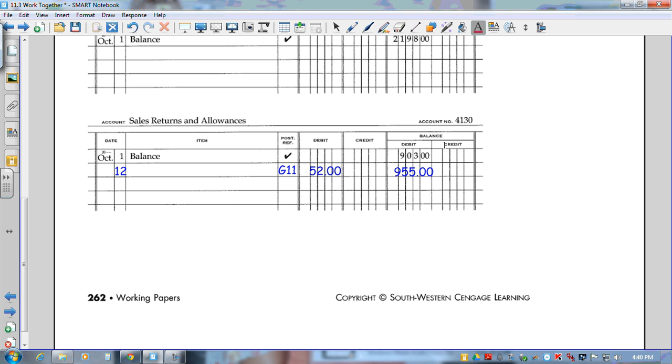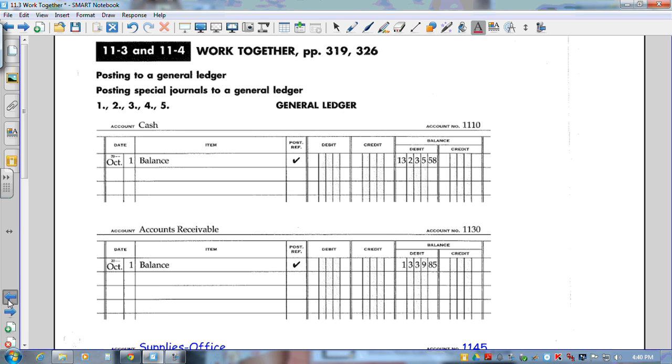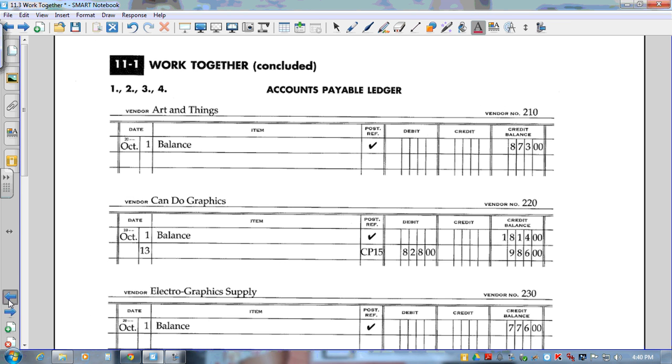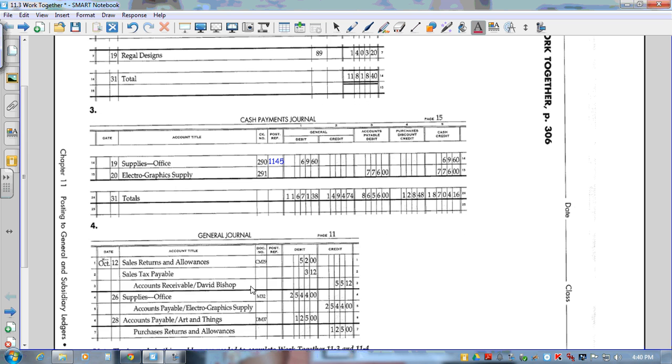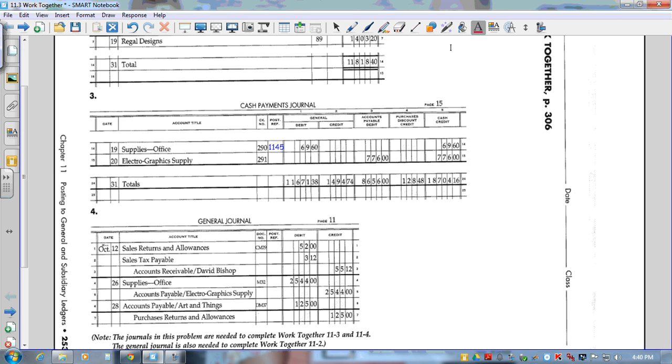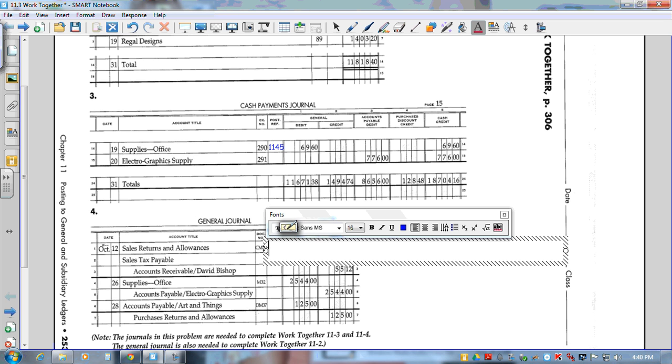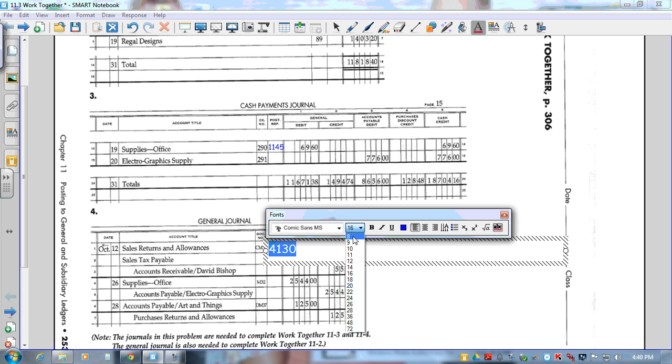Okay, we're not done. We have to take the account number of 4,130, flip all the way back to the general, and we're going to put 4,130. I'm going to have to make that a lot smaller to make it fit in here.